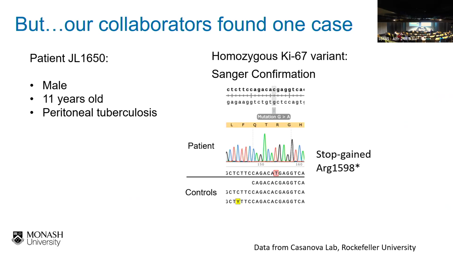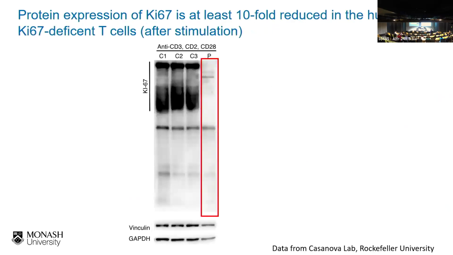so that this creates a frame shift, and the patient has a disrupted Ki67 expression, which is confirmed in the T cells isolated from the patient's PBMC. Our collaborators put the T cells with the stimulus, alongside C3, C2, C28 controls, and looked at the Ki67 expression in the stimulated T cells.